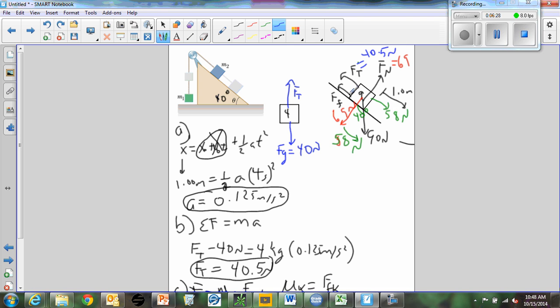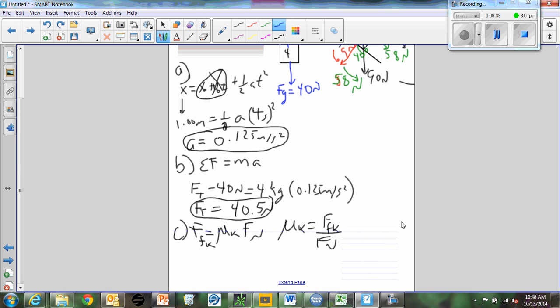I don't know friction. 58 is going to be bigger than F T and F of F together, because there's a net force downward, since it accelerates downward. And F of N is 69 newtons.